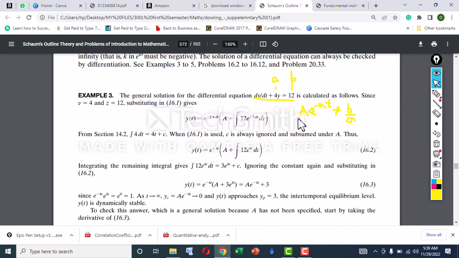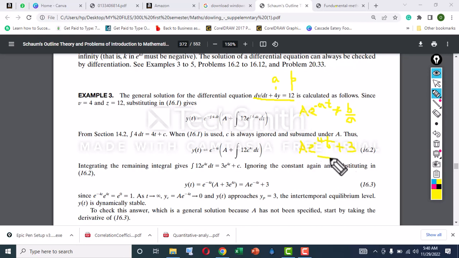Now this capital letter A we won't be given, so the answer will just remain as A. Then e, we cannot change, e is Euler. Minus at, a is our 4, t, just put your t, plus b over a, b is 12, divided by a, which is 4, that's plus 3.